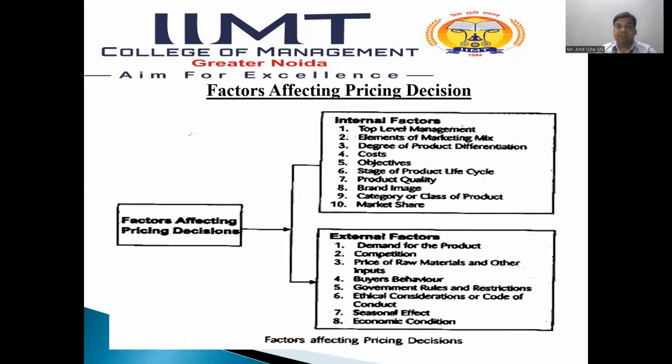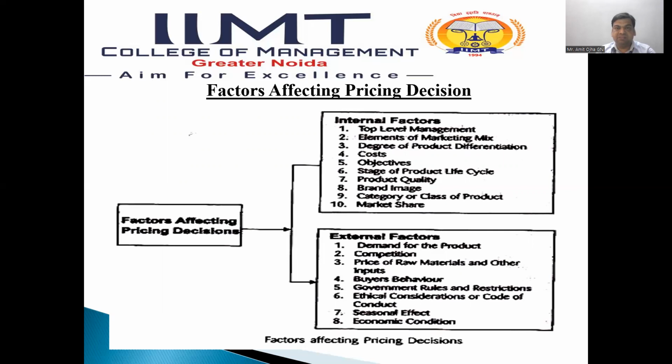Here are some factors which can affect us when we take a pricing decision. In this diagram, you can see there are two factors which can affect a pricing decision. First was the internal factor, and the second one was the external factor.